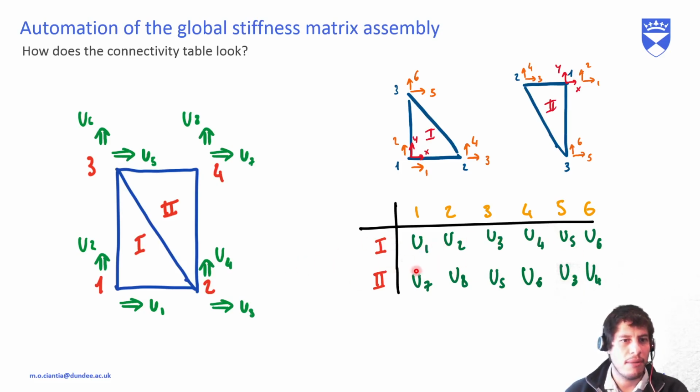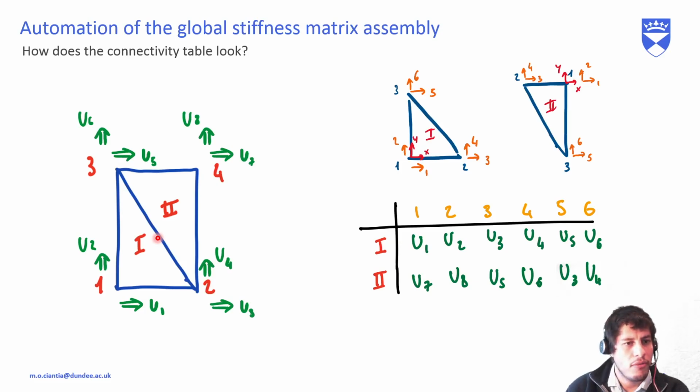For example, for element 1, in this case, the numbering is exactly the same from global to local. So U1 will correspond to 1, direction 1 at the element scale, etc. Whereas for finite element 2, U7 is going to be the local U1. U8 is going to be number 2, etc. So we can do this.